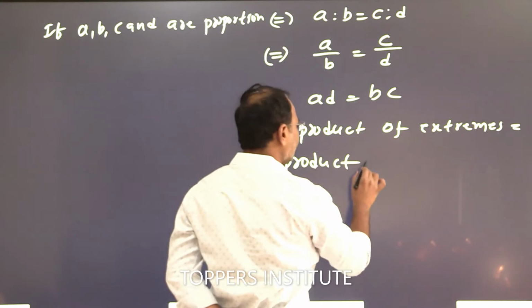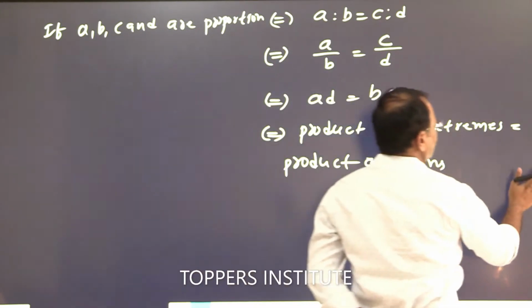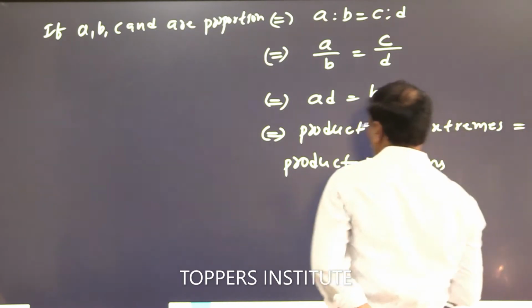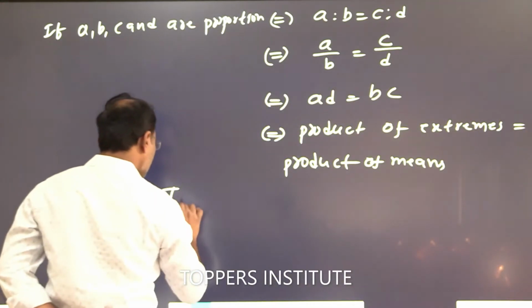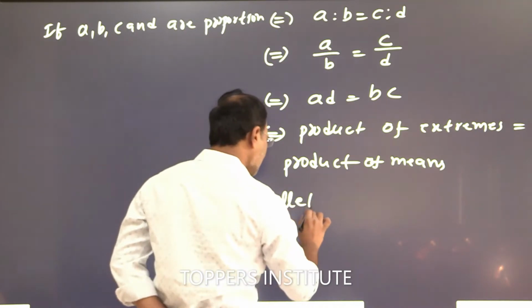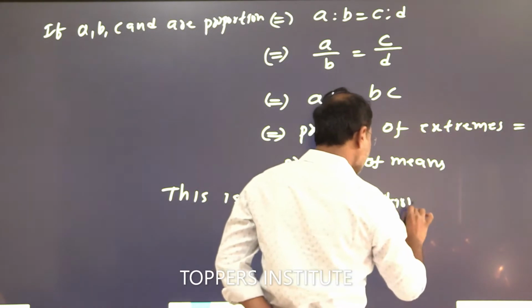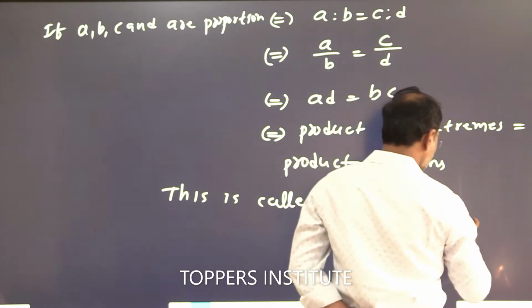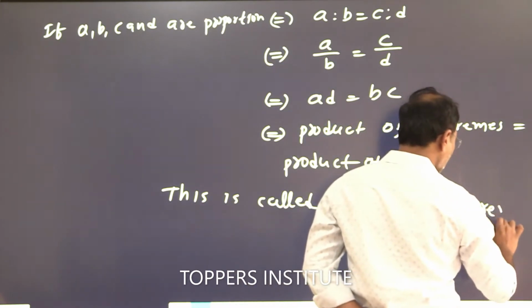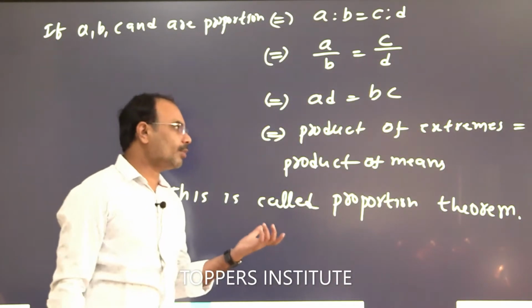This is called the proportional theorem. What is the proportional theorem? The product of extremes is equal to the product of means. This is called the proportional theorem.